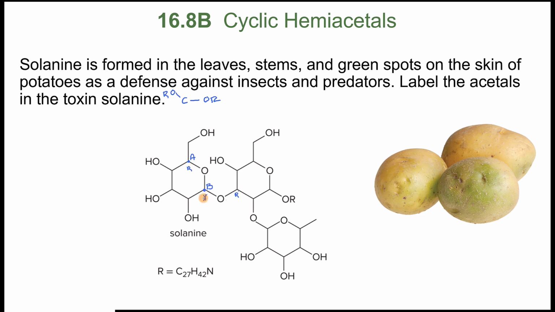Okay, so B is an acetal carbon. Another place that I'll see one is right here. I'll call this C. I have an O to an R, and then an OR here. So this is an acetal carbon. And this one here is also an acetal carbon. So on that one, I have an OR, and then an O to an R group there. So that's another carbon. So we have 3 acetal carbons in solanine.